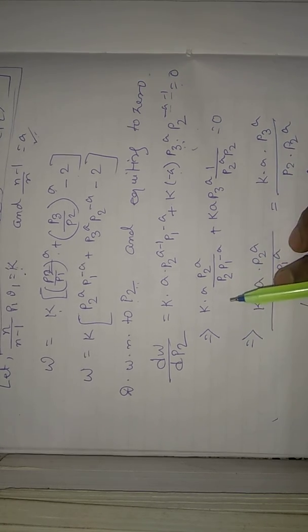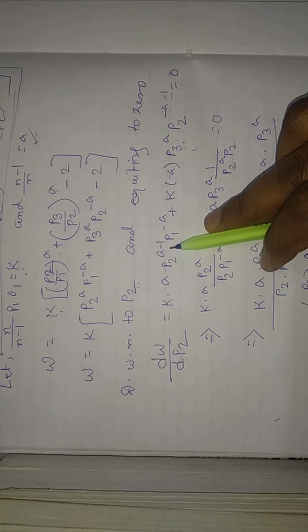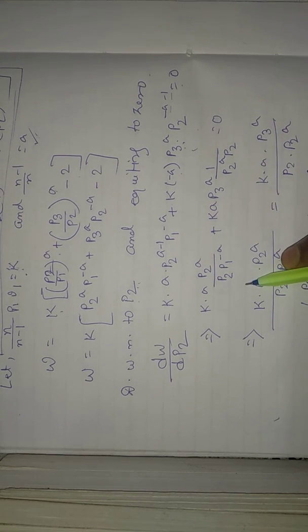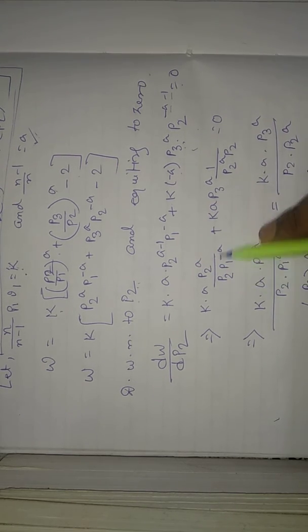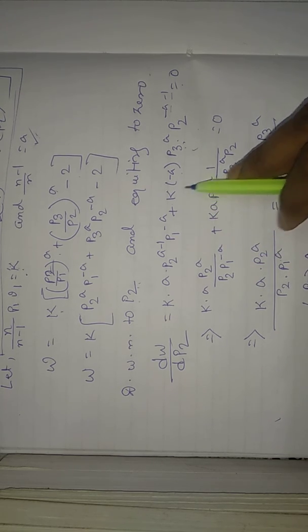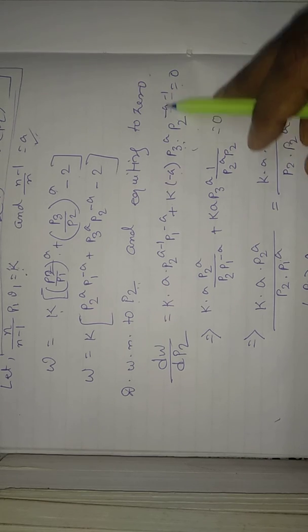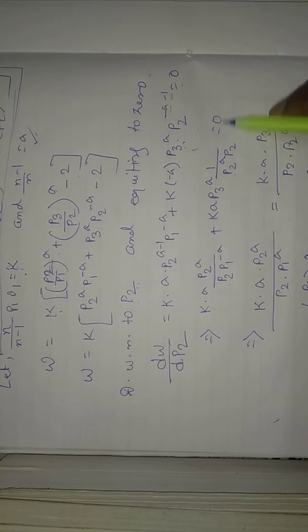The P2 goes in the downward direction, so P2 to the power A divided by P2 into P1 to the power A, and the minus sign cancels out, so it is equal to 0.